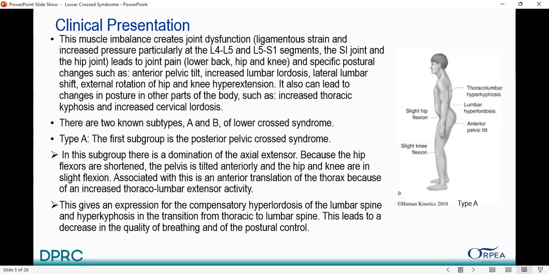It can also lead to changes in posture in other parts of the body, such as increased thoracic kyphosis and increased cervical lordosis.